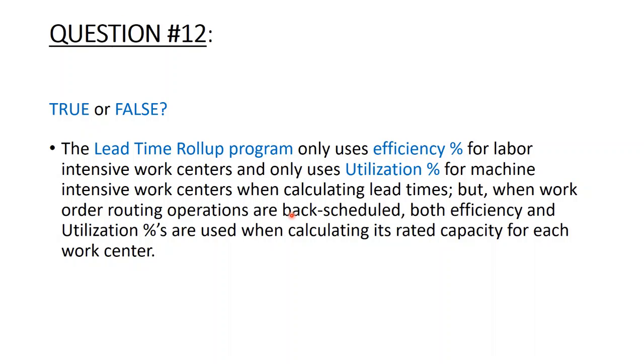But when work order routing operations are back-scheduled, both efficiency and utilization percents are used when calculating its rated capacity for each work center. True. Give yourself a point if you have this right.